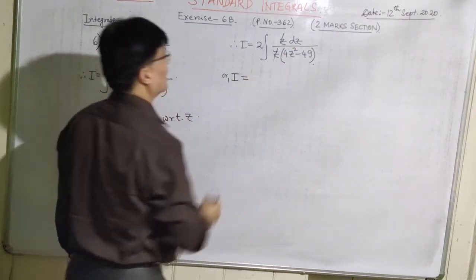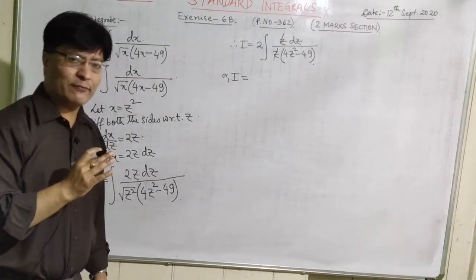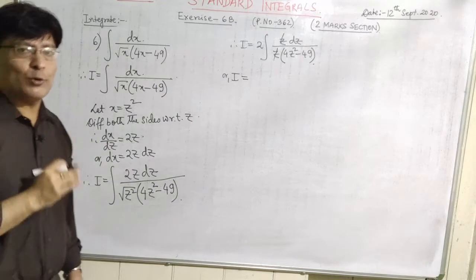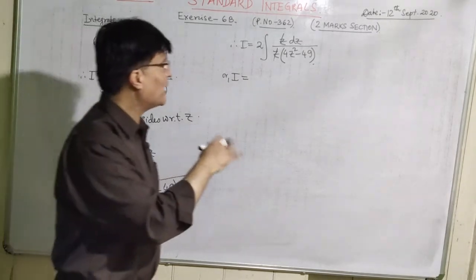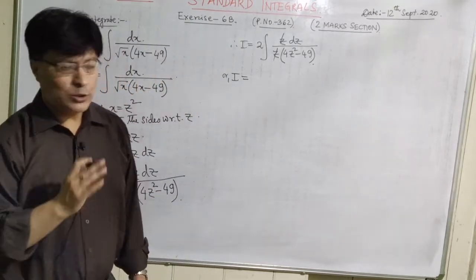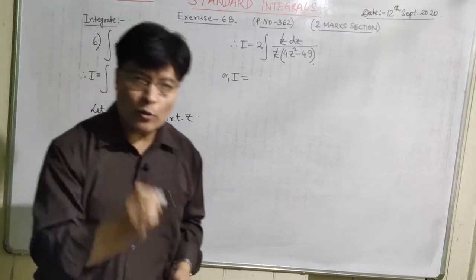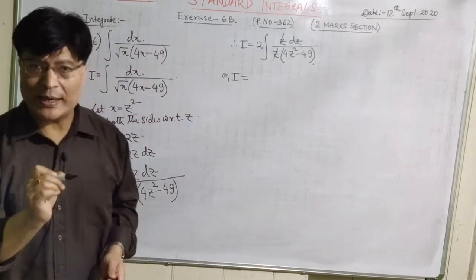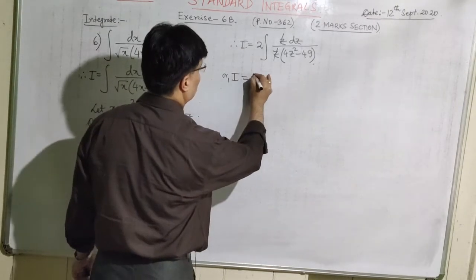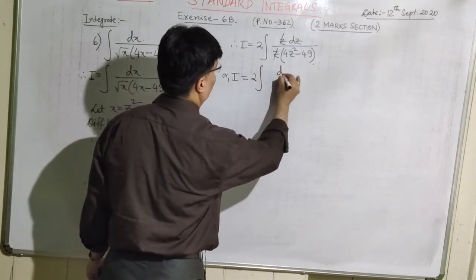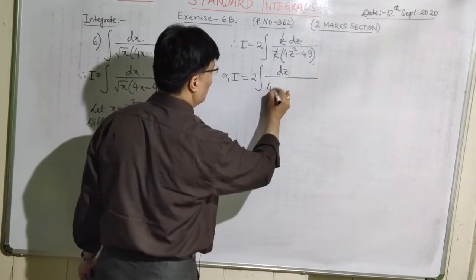Now what will you do in the next step? I already told you that whenever you have a coefficient, always make the coefficient of x square or z square 1. Okay, then only you can convert into a standard form. So it is 2 integration of dz divided by, what is common here, 4.